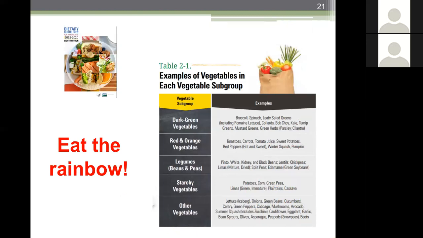All right, the dietary guidelines for Americans also have some examples. When I ask people what they have for dinner, for some reason they always talk about corn and green beans and carrots. Not that there's anything wrong with those, although corn is arguably a grain.